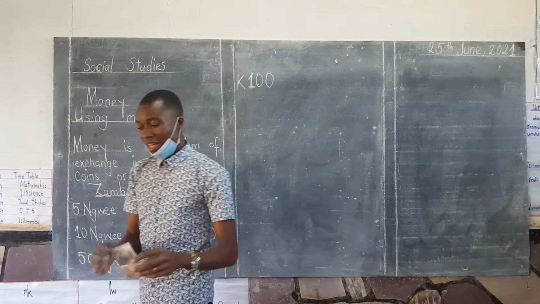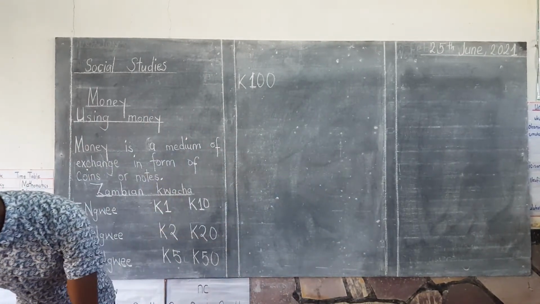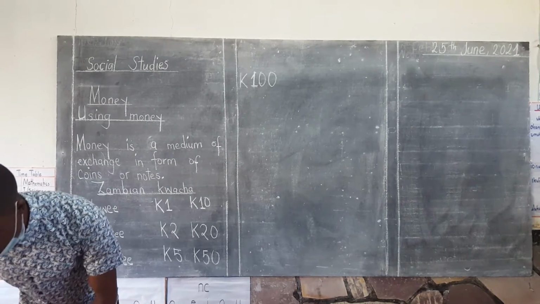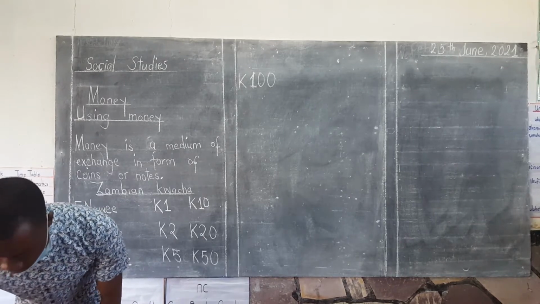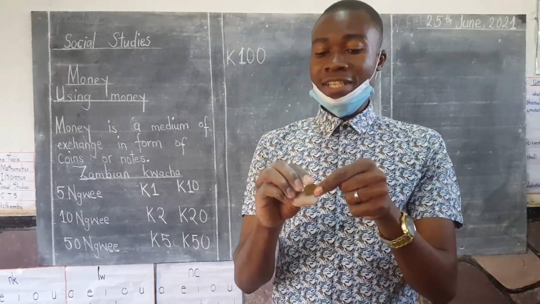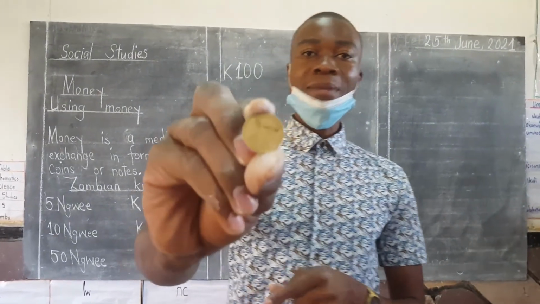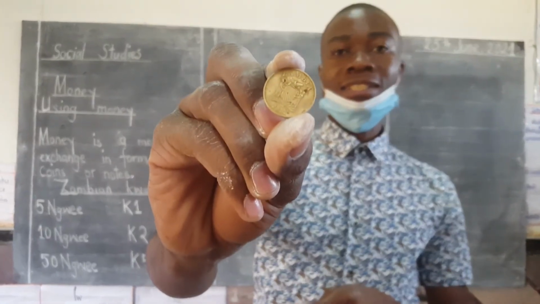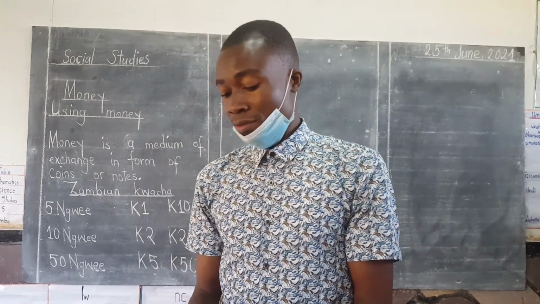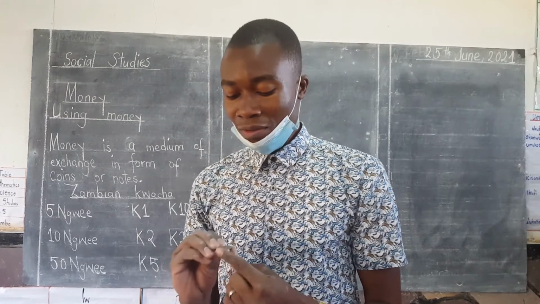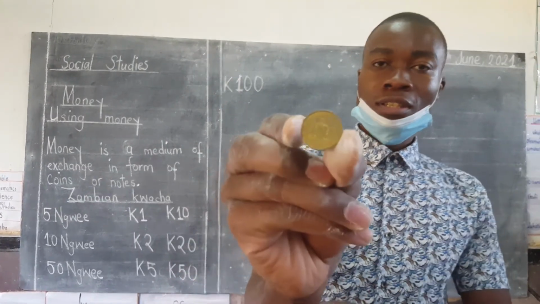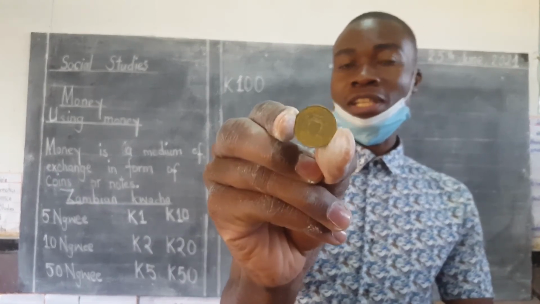Then, apart from these notes, I would love you to also take a good look at these coins. From 100 kwacha, I'm sure there was something that was like that. Then from a 10 kwacha, I would love you to look very carefully. There was something that was looking like that.